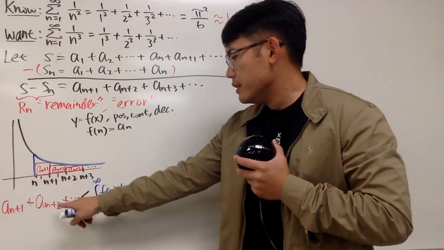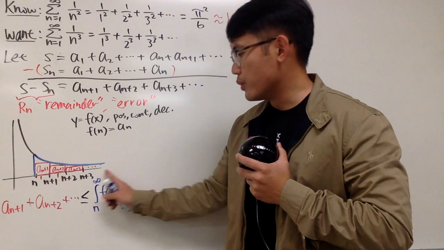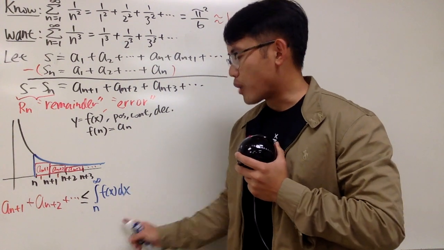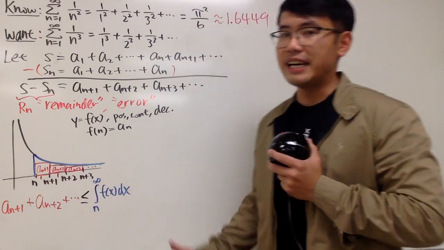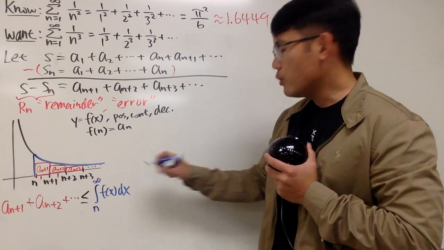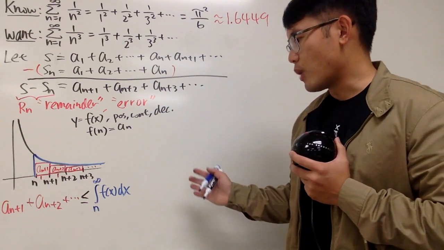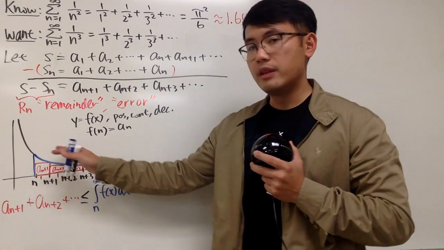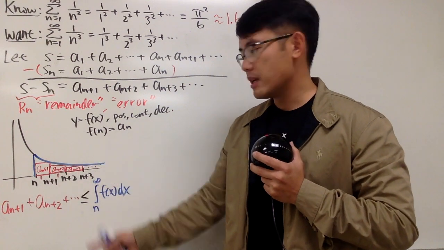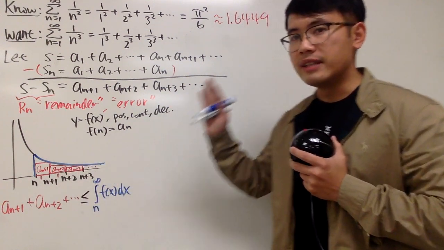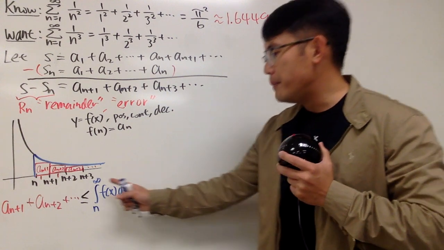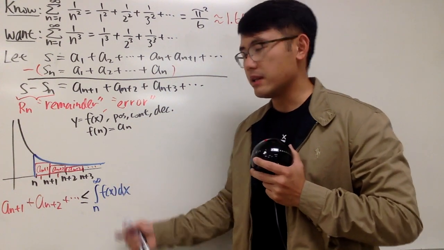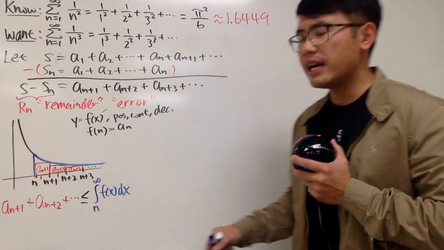But anyway, this right here is less than or equal to this improper integral. So this is the idea for that. Now, let's take a look at the other one. Because what if I draw the rectangles the other way? Notice this right here will give us an upper bound, meaning the biggest error that we can possibly make, right? So let's look at the other version.